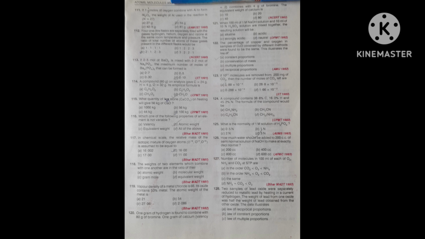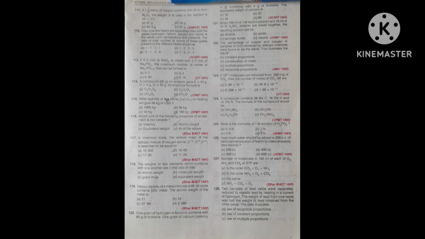Okay. And now, according to the question, 10 to the power 21 molecules of CO2 are removed. Then 10 to the power 21 molecules means how many mole? You convert into mole by dividing by Avogadro number, 6.02 into 10 to the power 23.